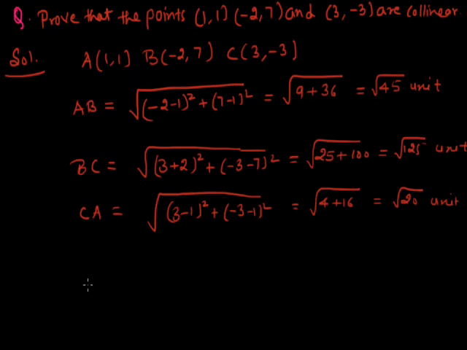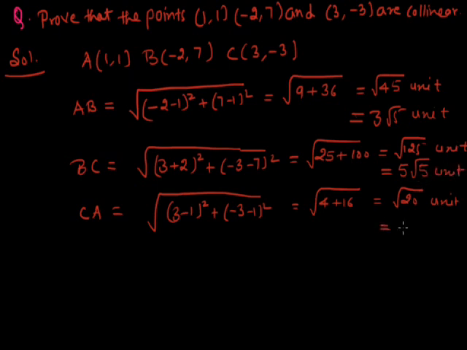But we cannot tell from here whether the sum of any two distances is equal to the third, so we have to simplify this. Root 45 can also be written as 3 root 5 unit. Root 125 can also be written as 5 root 5 unit.